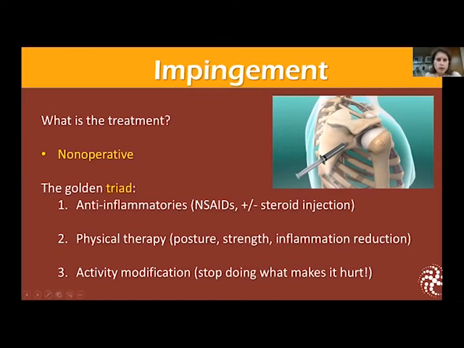I'm just going to pause for a second. I have 2 questions that popped up. There's a question about low-grade articular, partial thickness rotator cuff tears.